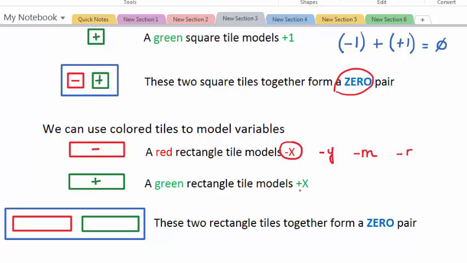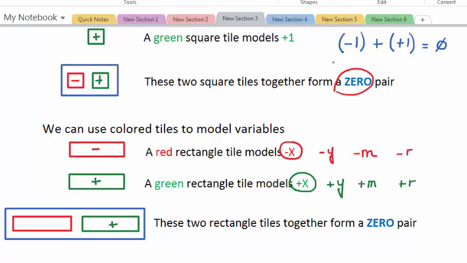Here I can model the positive x, or the positive y, or the positive n, or the positive r. So the variable is positive. As you can see the difference between the square and the rectangle: the square for integers, the rectangle for variables. What if I introduce both of them together?